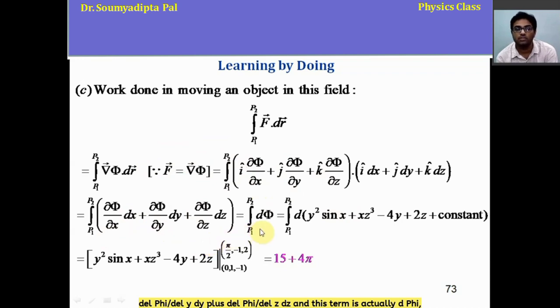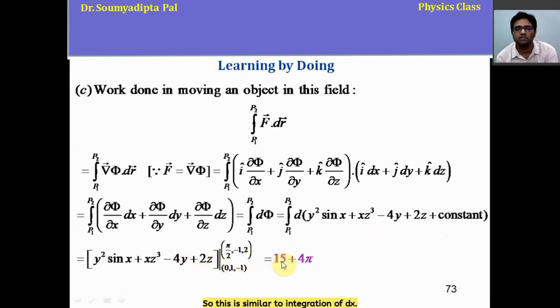And this term is actually d phi, which is called the differential of phi. And the expression of phi we have already obtained, that is y² sin x + xz³ − 4y + 2z and an arbitrary constant, right? Now after integration we get this.